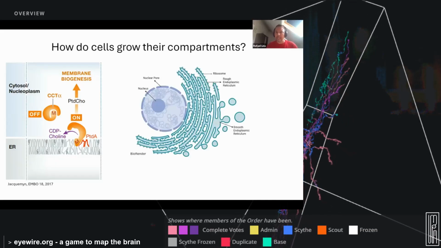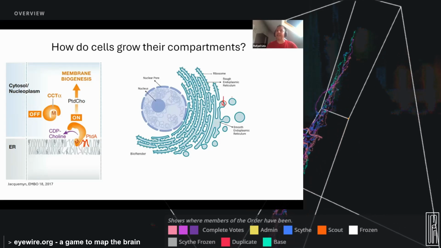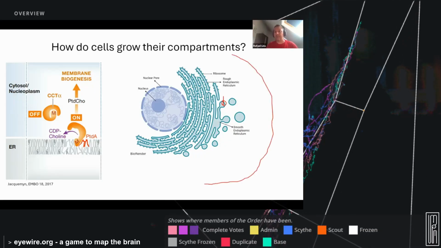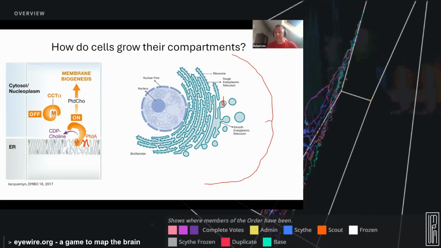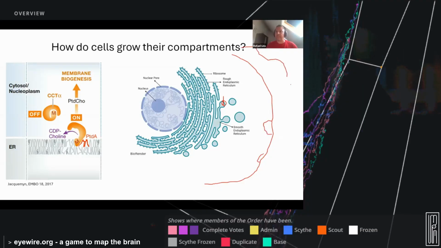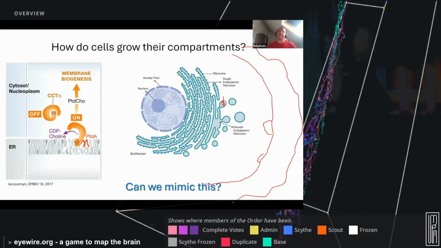Then this organelle will grow and bud off in the form of many organelles, the so-called vesicles, and these vesicles will fuse with the plasma membrane further down. And as they fuse, the size of the plasma membrane will increase, and that's how growth takes place.